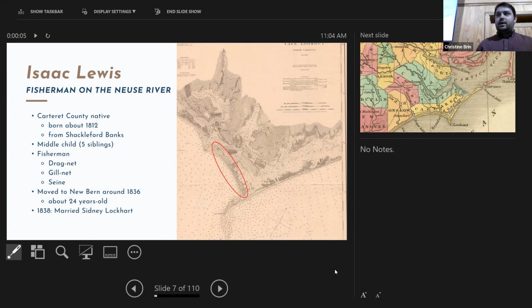He's the middle child. He has 5 siblings, and he's born in the middle. His father dies when he's about 8 years old, and his uncles die when he's 13.